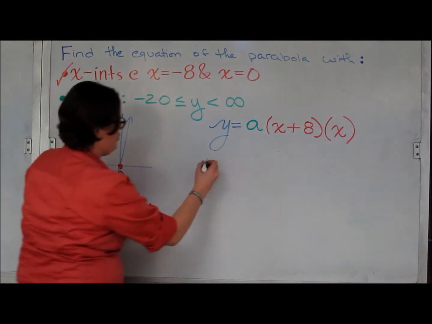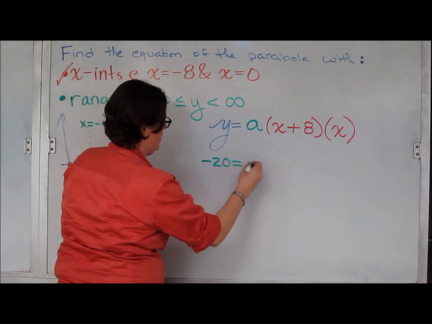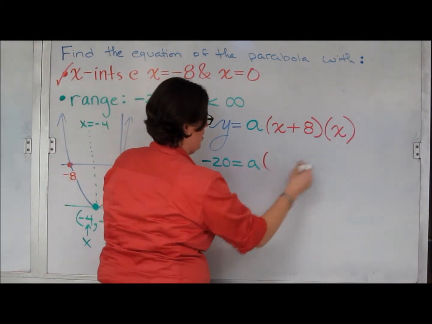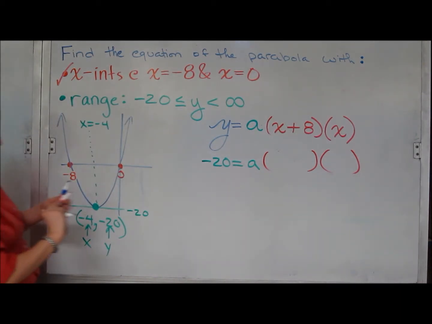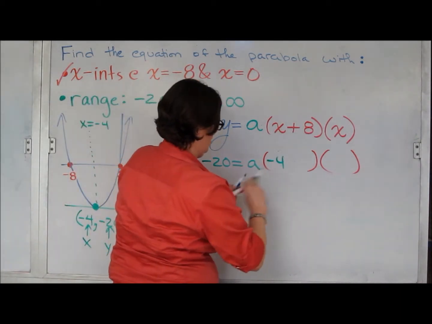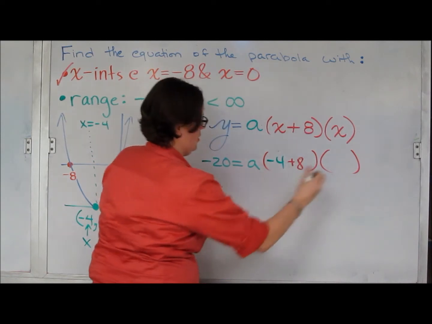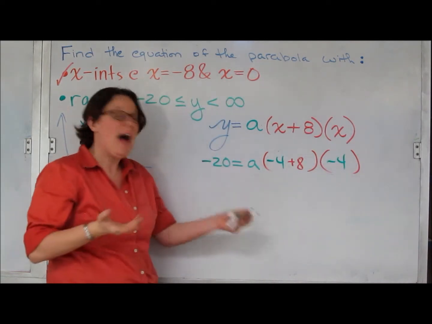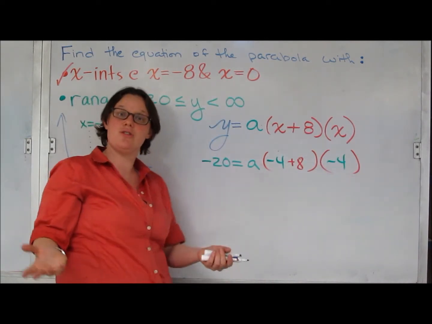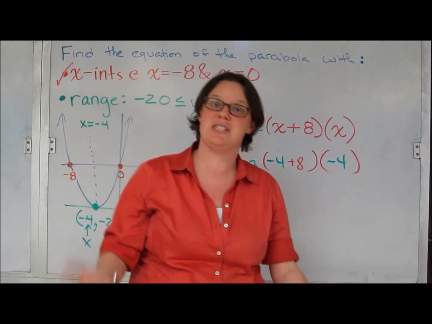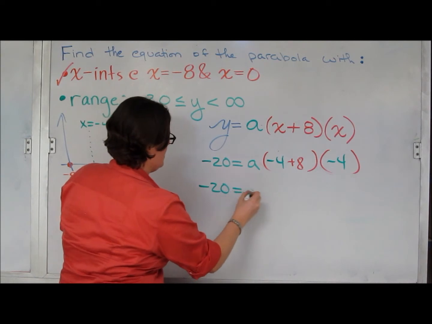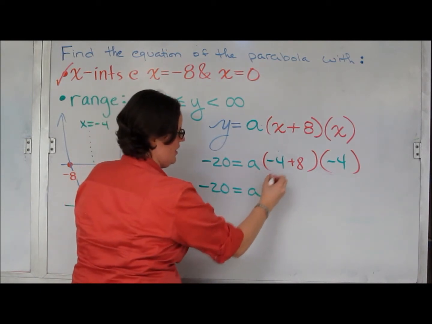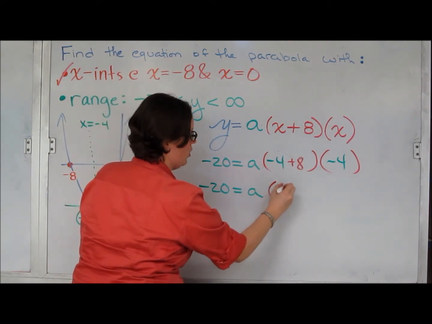y gets replaced with -20. Both of my x's get replaced with -4. Now I have an equation that, if I just do a little bit of math, will allow me to find the specific a value for this parabola. -20 is equal to a times, this makes +4.